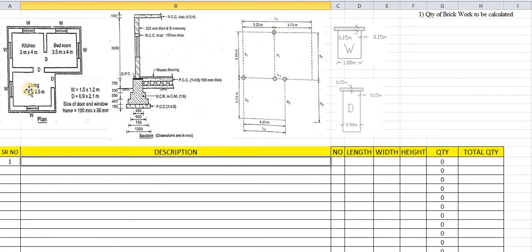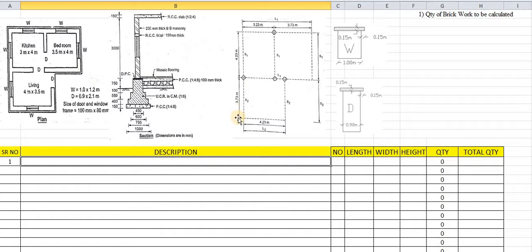What about this living room? The living room has a length of 4 meters, so the center to center distance along the length direction is 4 plus 0.23, that is 4.23, as we have already taken. What about the living room width? It is given as 3.5, and taking half of top and half of bottom, 3.5 plus 0.23 is 3.73.